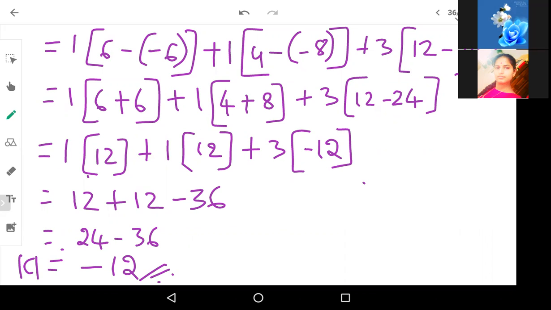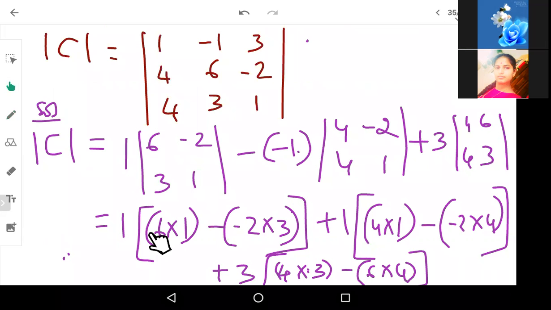Did you understand? Check where you have gone wrong. Maybe with respect to minus sign, minus of minus sign, you would have gone wrong. Is that the case that has happened? Yes. So be careful with the minus sign, and whenever you have minus of minus, if you're getting confused, please put brackets for every calculation.